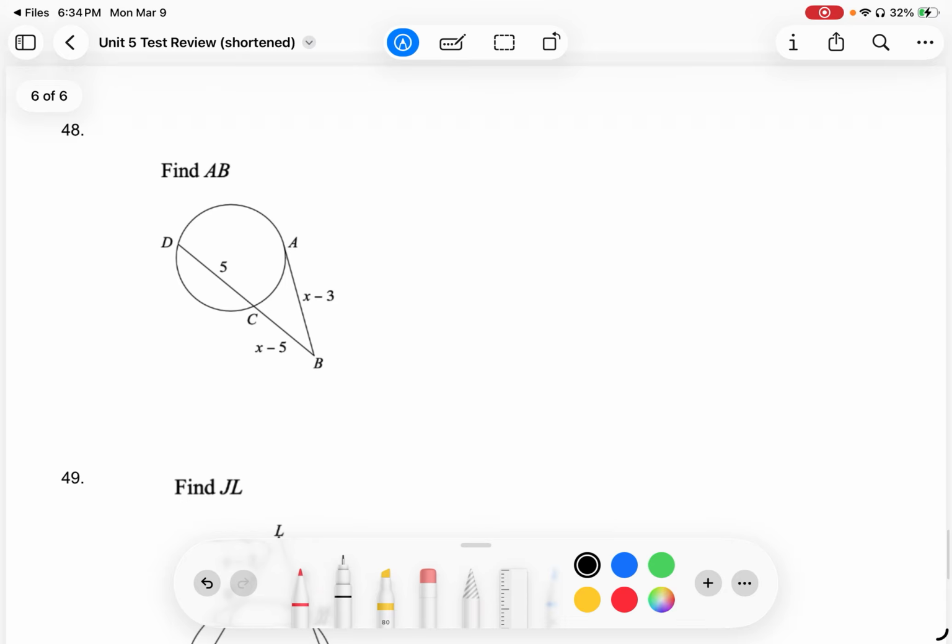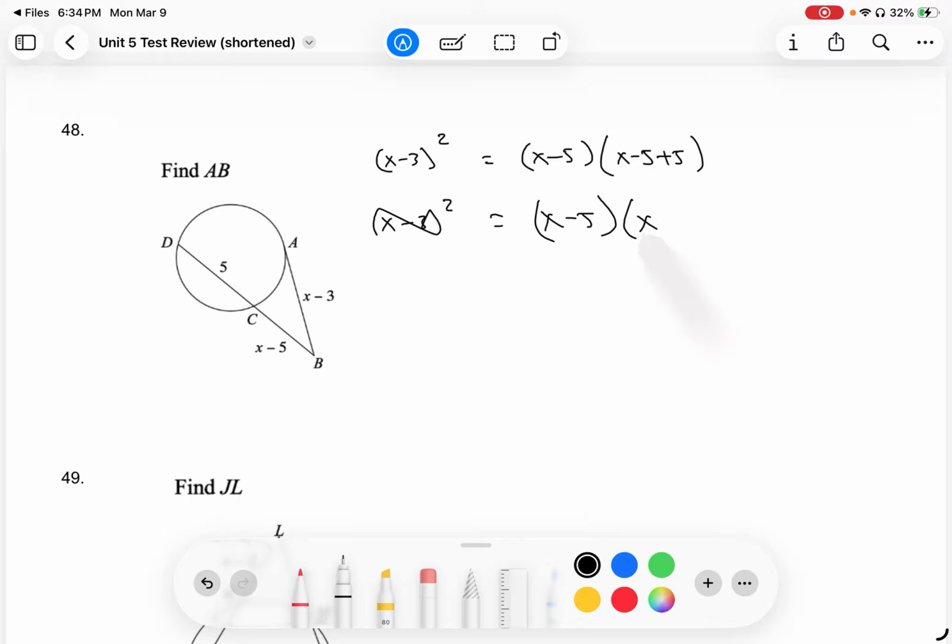All right, number 48, find AB. What I know is that the tangent length squared is equal to the exterior portion of the secant times the entire length of the secant. So I should get (x minus 3) squared equals (x minus 5) times x.